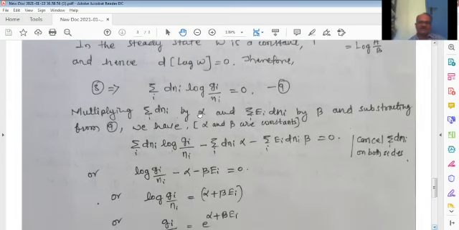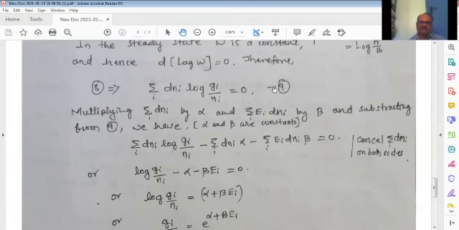Next, multiply summation over i dNi by alpha, and summation over i Ei dNi by beta, and subtract from equation 9, where these alpha and beta are constants to be determined.